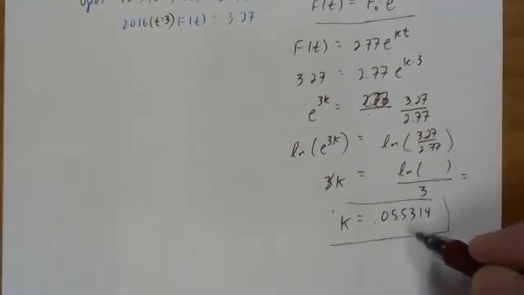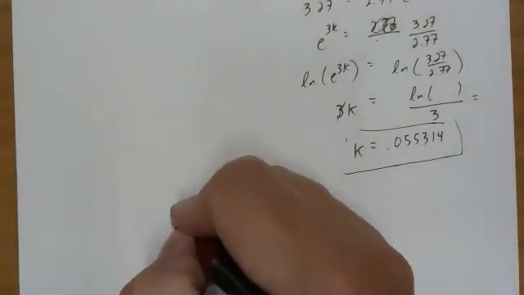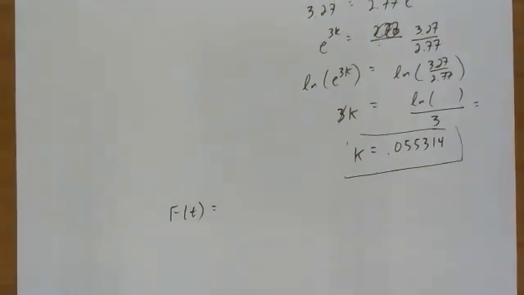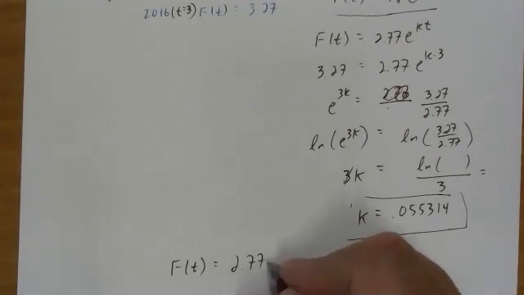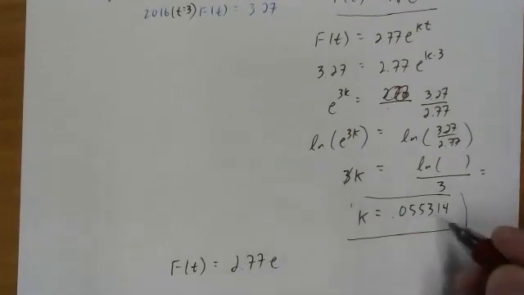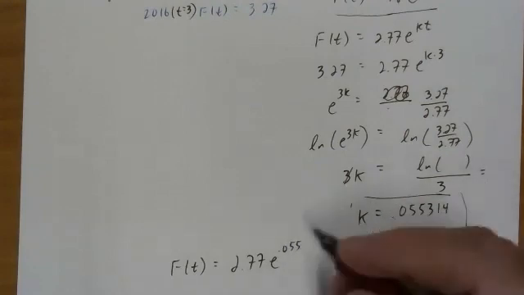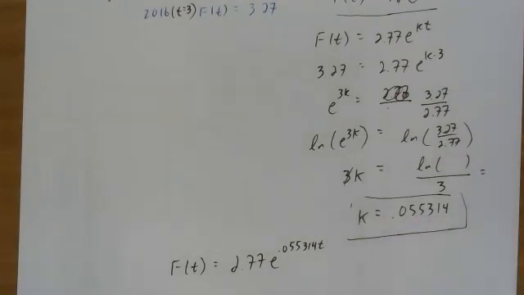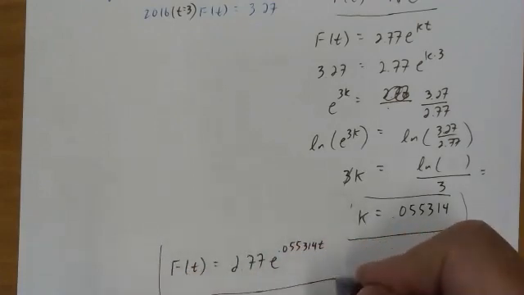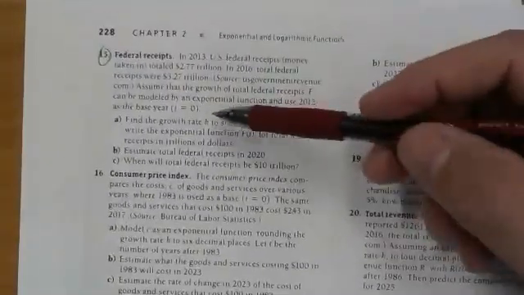Now I can plug k back into here to have my actual equation for the amount of money. So it's 2.77 e to the 0.055314 times t. So there's my exponential function.